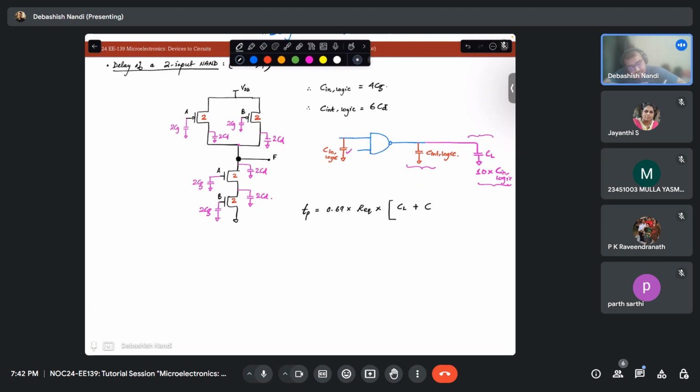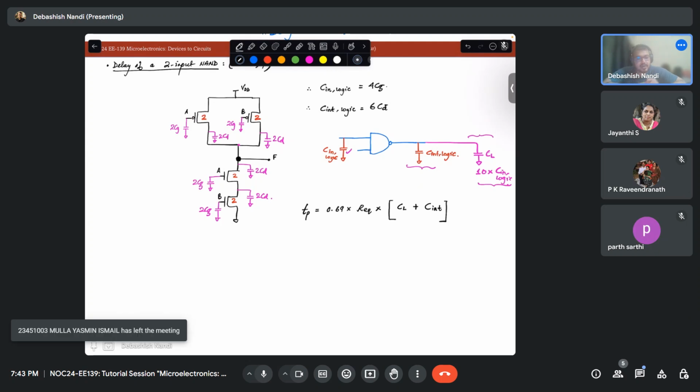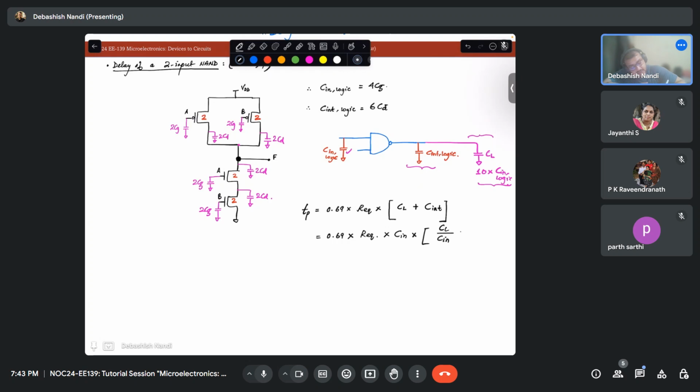What is my C internal? We'll see. So now what do I do? R equivalent times C in times CL by C in plus C internal by C in. Okay.